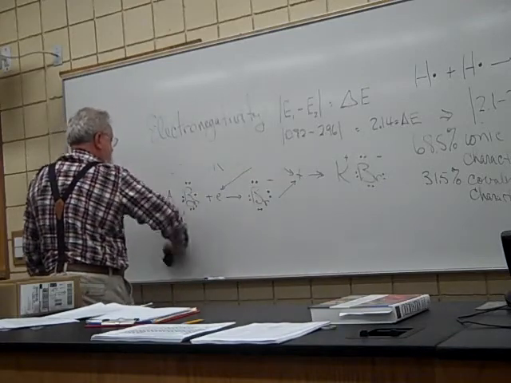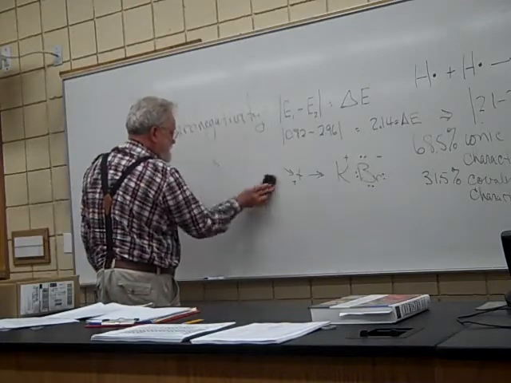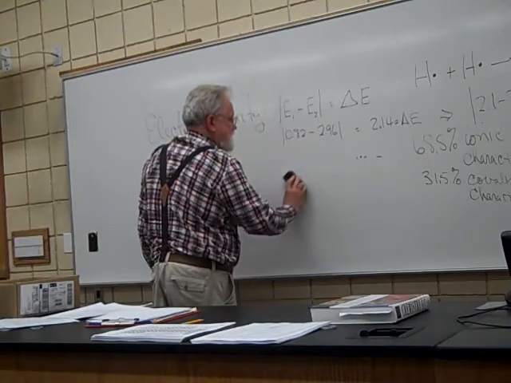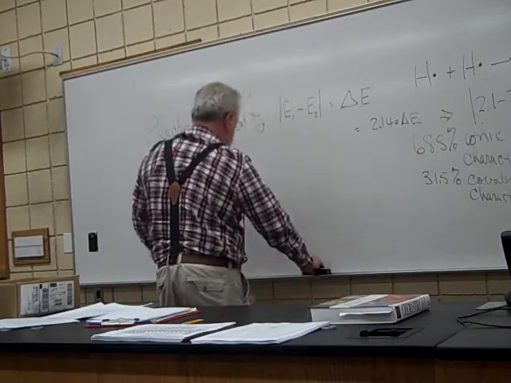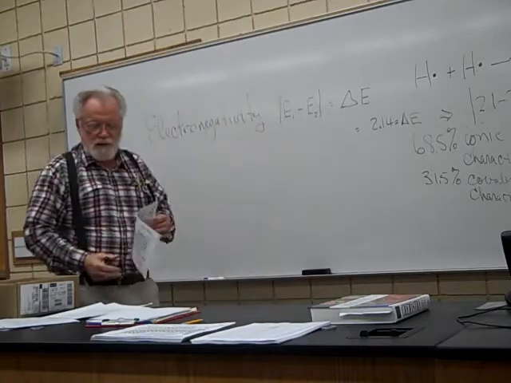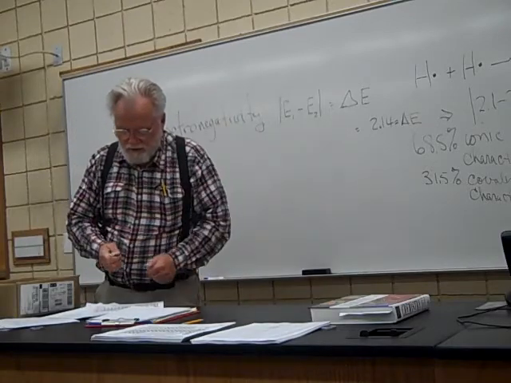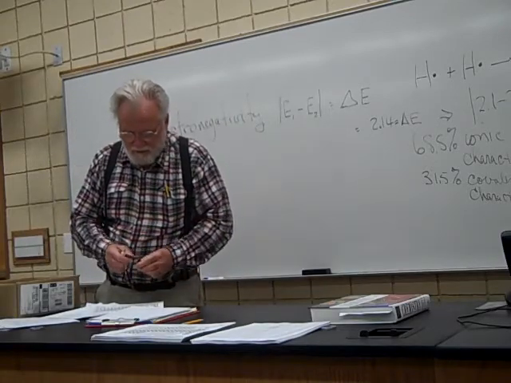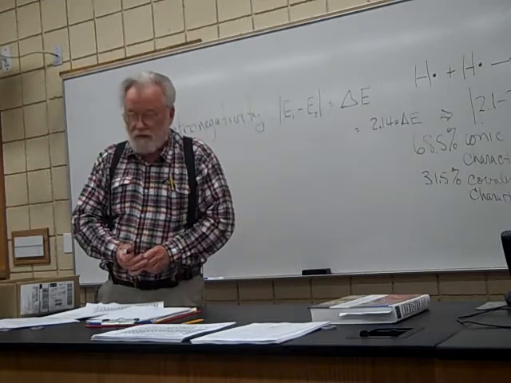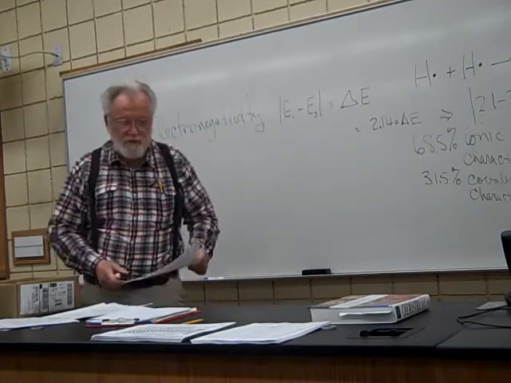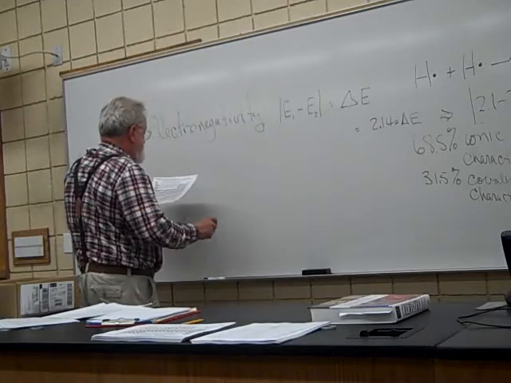So let's erase this, just so we can have a bit of room. And let's look at the electronegativity of francium and fluorine. Francium fluoride, the most expensive chemical on Earth.